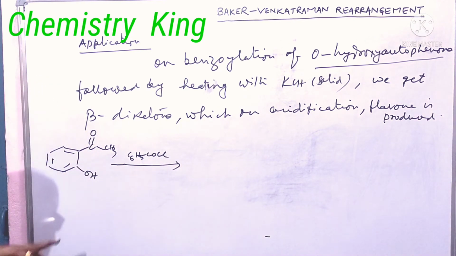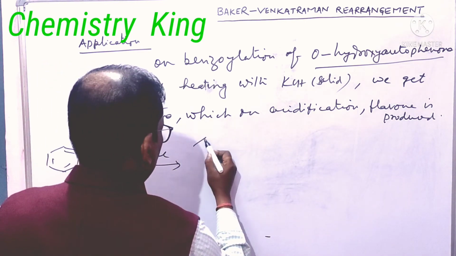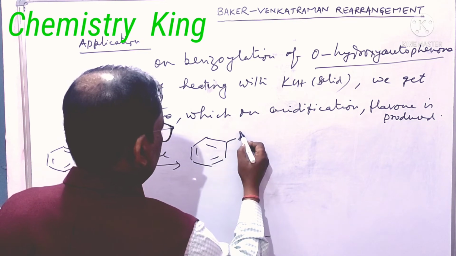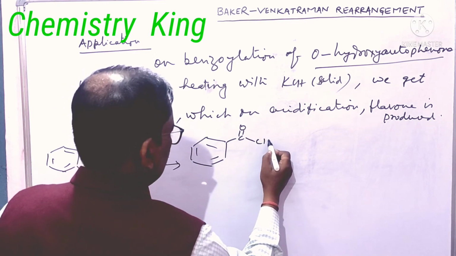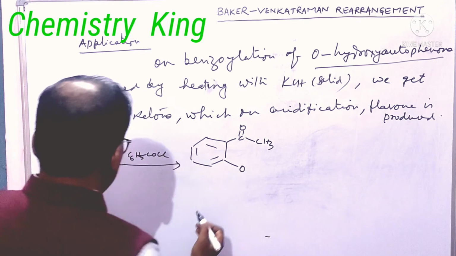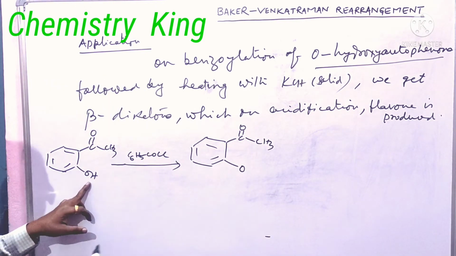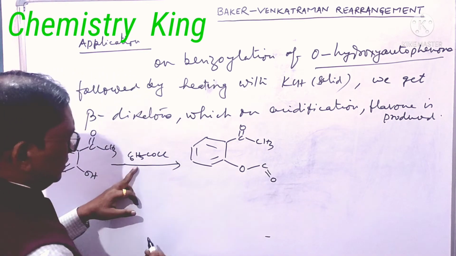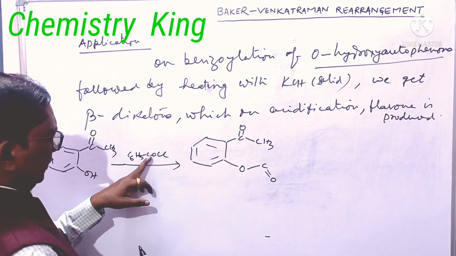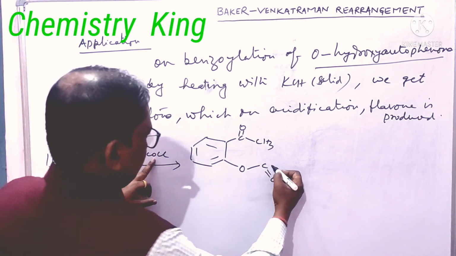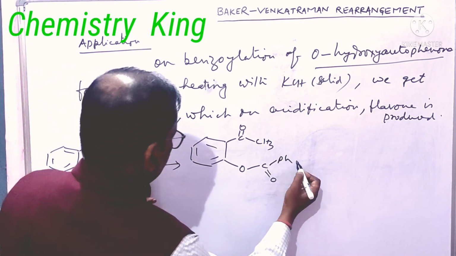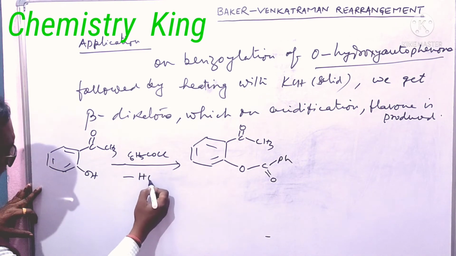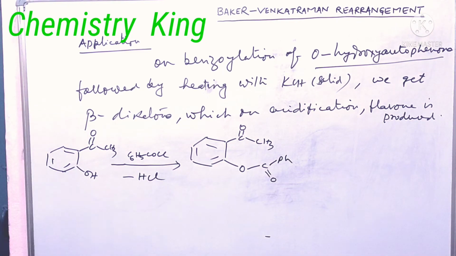C6H5COCl. Here you will get this: C double bond O, CH3. Here the benzoyl group will come here. C double bond O, C double bond O, C6H5, means Ph, and here this H and this Cl will be eliminated, so we write minus HCl here.